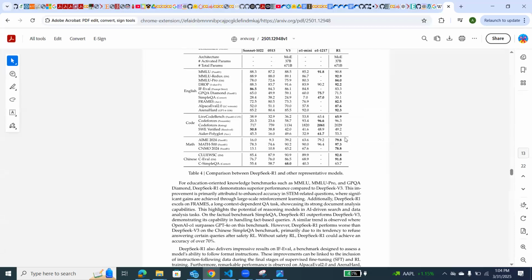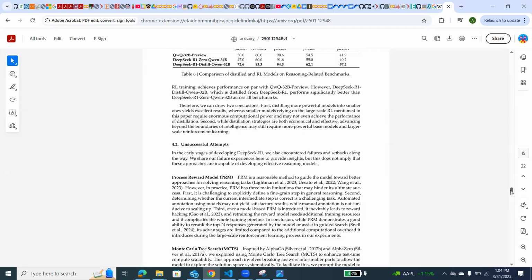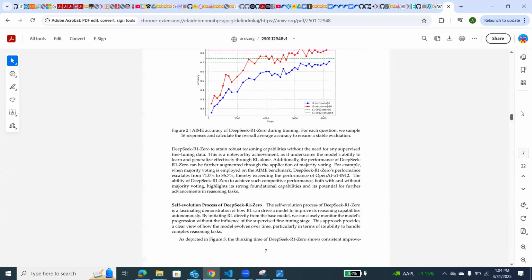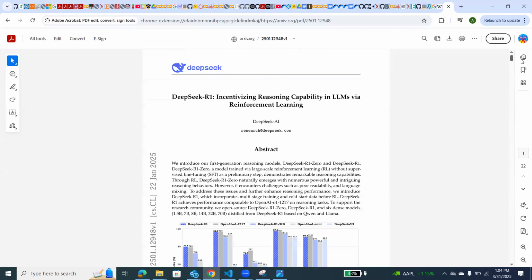Let's see if they have an illustration. No, okay. So there are three main components that were kind of an upgrade from previous language models.